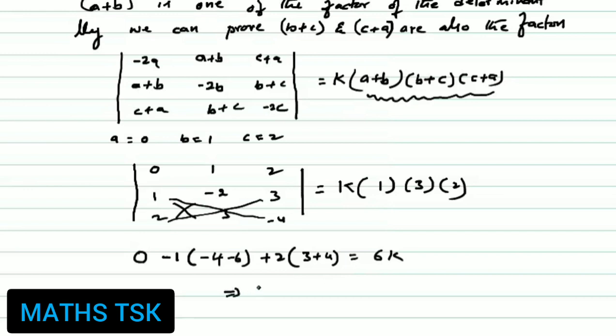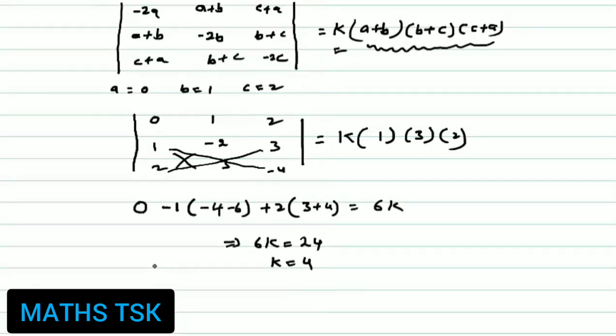So this implies 6k is equal to 10 plus 14, that is 24. So k is equal to 4. Substitute here. We'll get the determinant is equal to 4 times of a plus b, b plus c, c plus a. That's the end of the problem, which is an important problem.